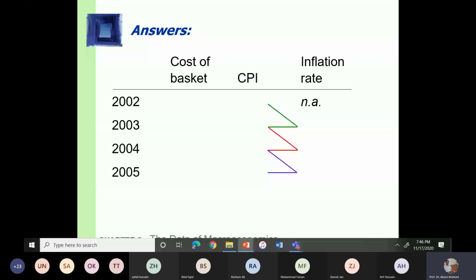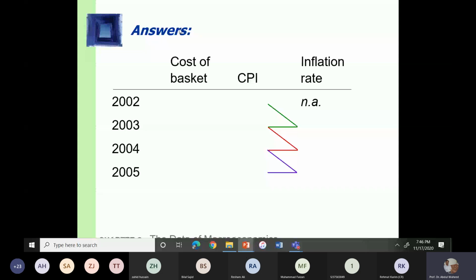What is the cost of basket in 2005? 410. तो फर्स्ट आंसर है 350, सेकंड 2003 का 370, इसके बाद 400 and then last one 410. Is there anyone who disagrees with any number? No disagreement. All of you agree on these numbers.